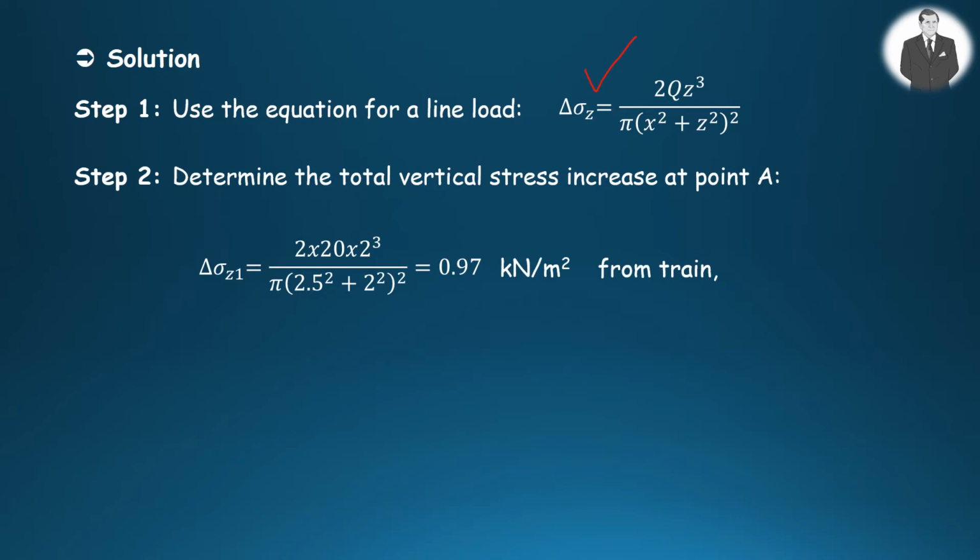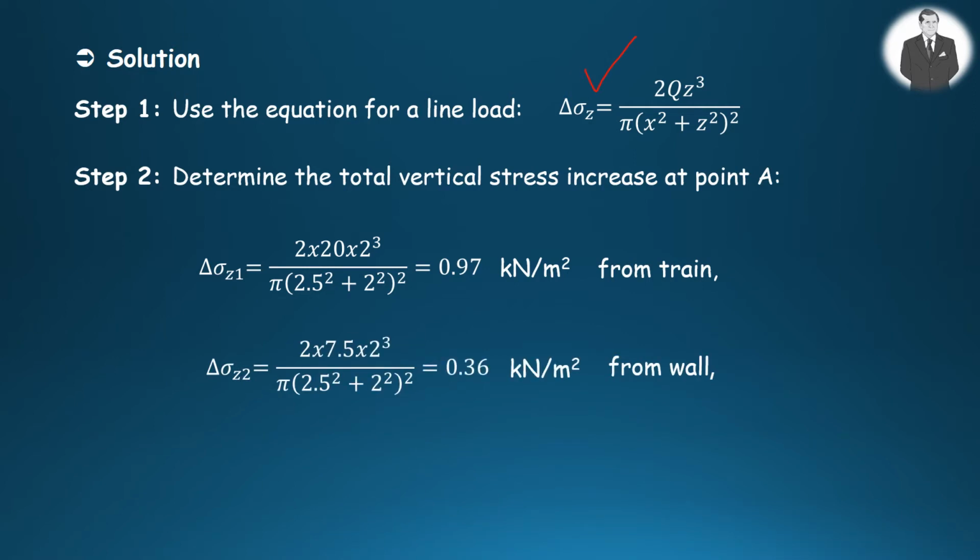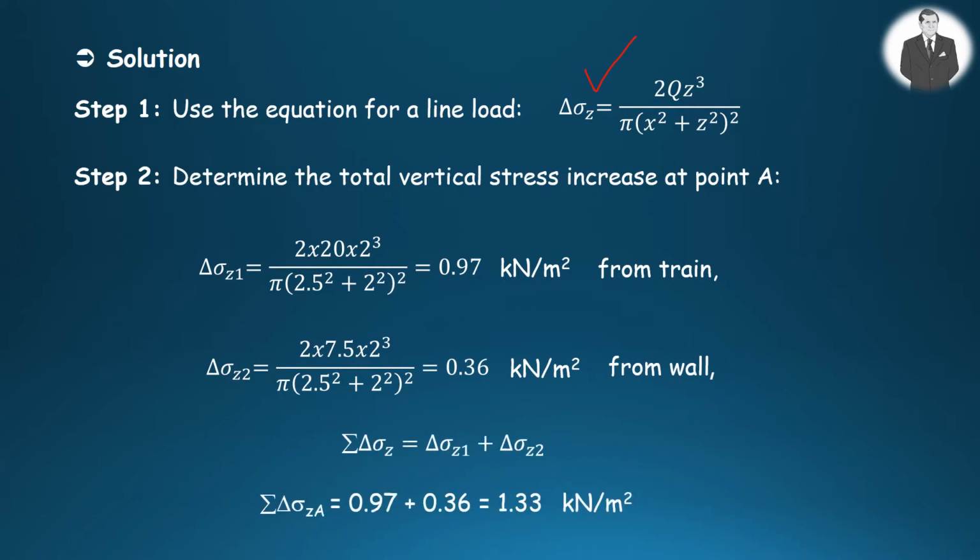To do this, we need first to calculate stress increments from each case, one from the train as given here and the other one from the wall. So the total stress increase at point A will then be the summation of each stress increment.